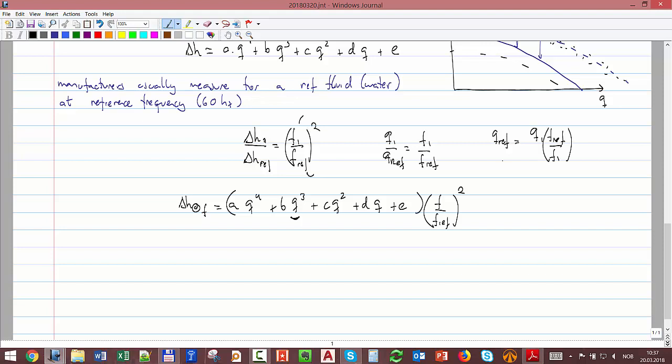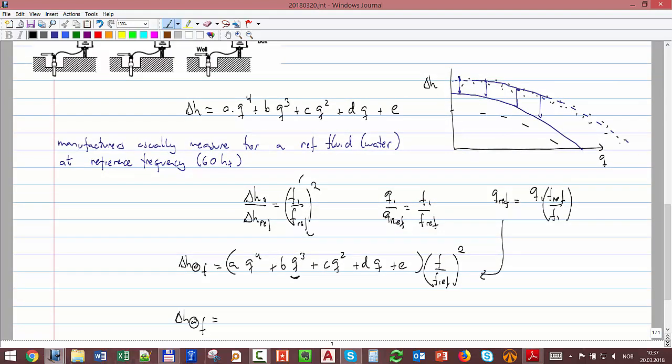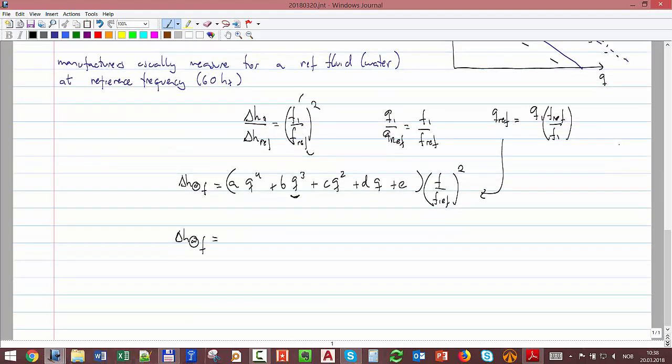Then I substitute that into this equation, and finally I get a general expression for the performance of the ESP at another frequency.